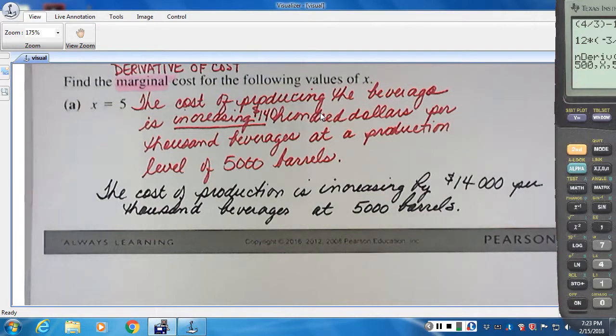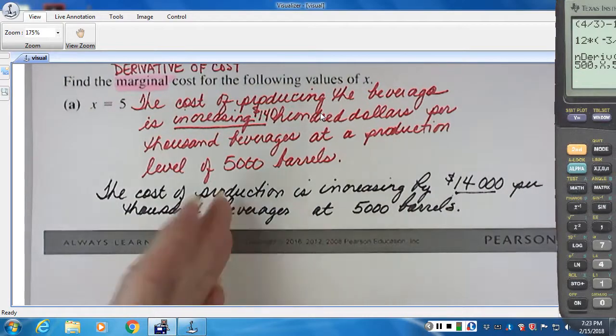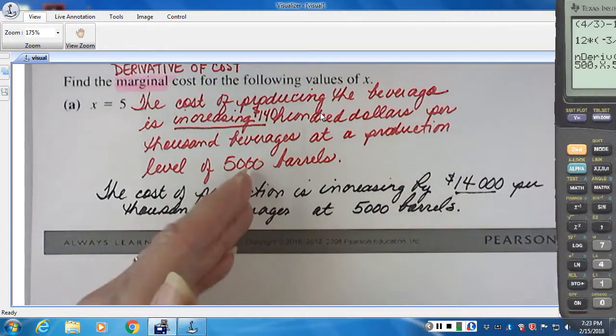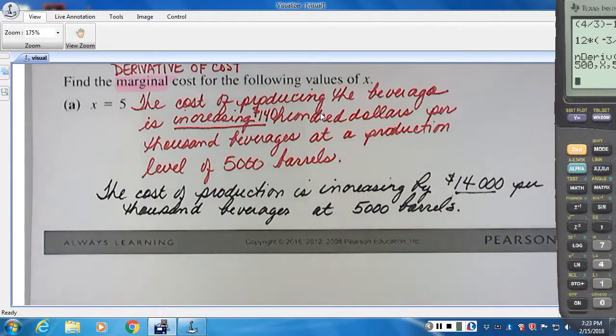And this looks a little bit more like a number that we're used to seeing. But this illustrates why it's so important to pay attention to what the problem says the units are.